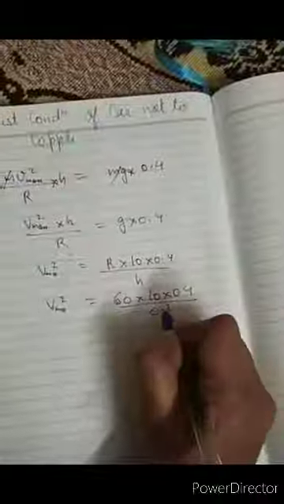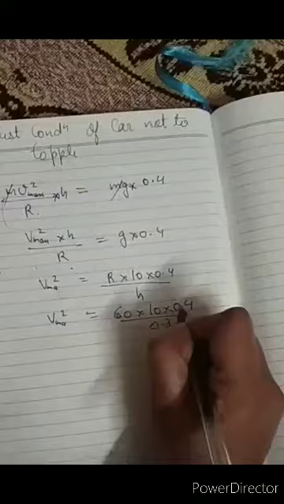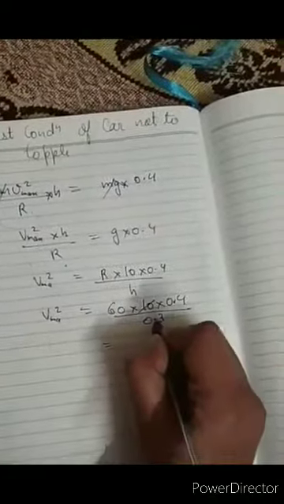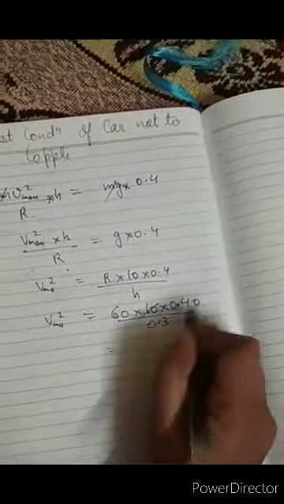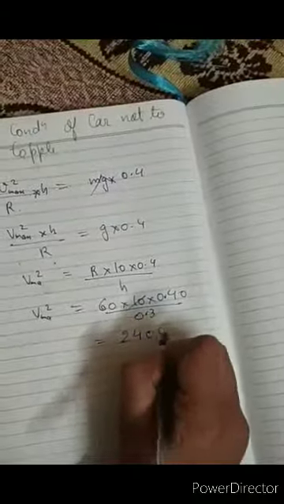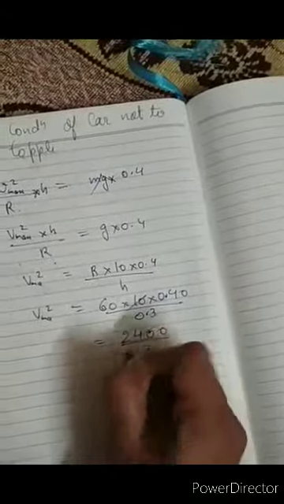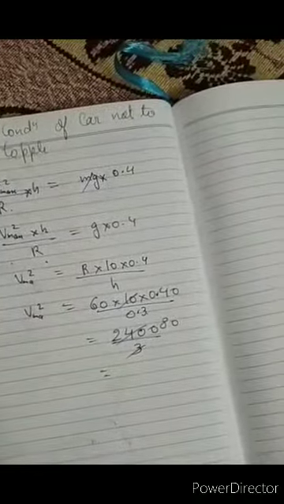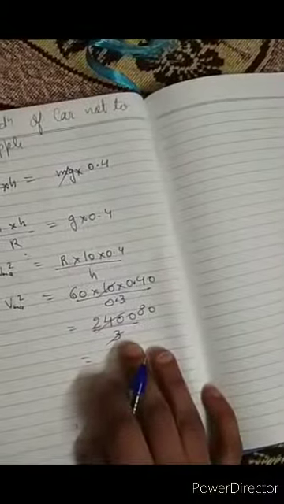Okay, so this is the just toppling condition, and if you give more than this velocity, the car will start to topple. Okay, so this point and this will cancel out. And if you just take the 0 over here, this decimal and 0 there, so 4 6s are 24, and both the zeros over there divided by 3, that is 3 8s are 24.